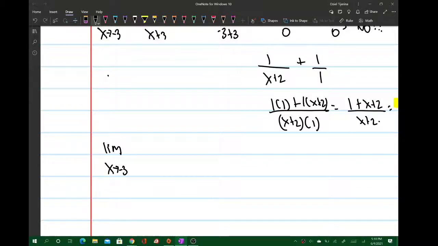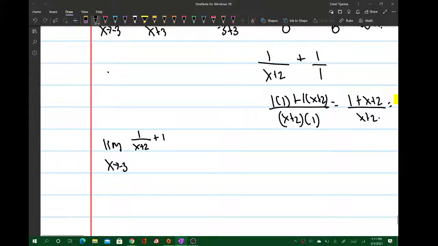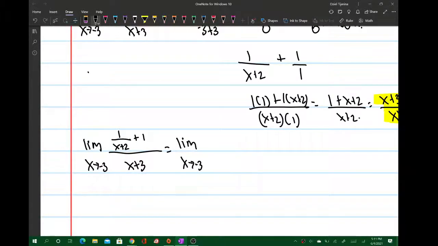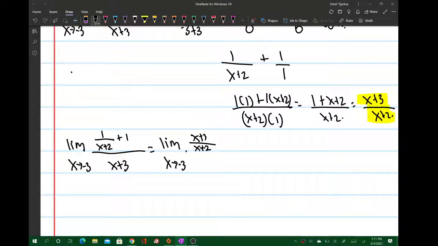So we can put that for the top part, so we can say that the limit as x approaches negative 3 of 1 over x plus 2 plus 1 over x plus 3 equals the limit as x approaches -3 of x plus 3 over x plus 2, divided by x plus 3.